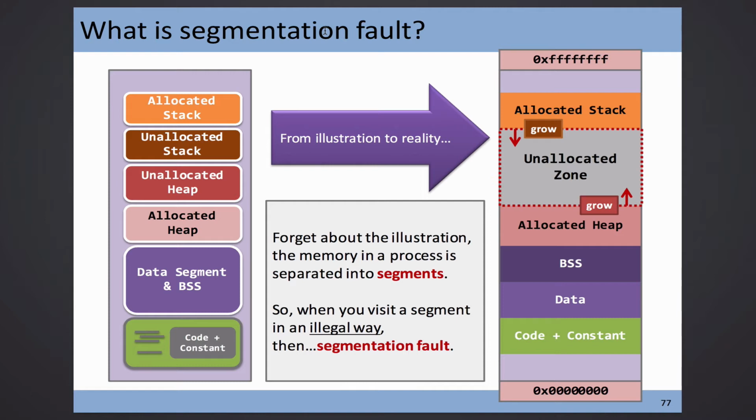Okay? The segmentation is just coloring it. We reserve a segment. We call it code segment for putting code. We call it data segment or BSS segment to host those memory. The heap segment and the stack, okay, are actually allocated continuously, and there is a big hole in between the heap and the stack.